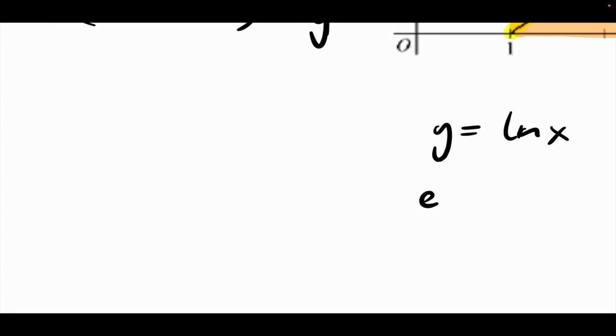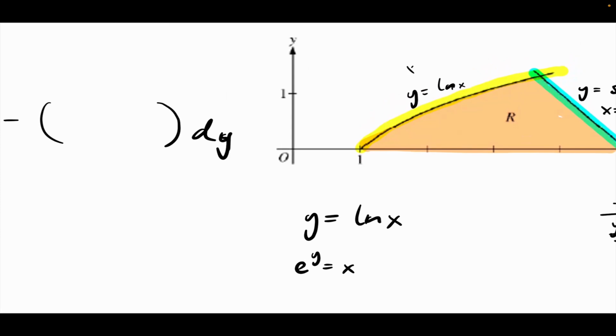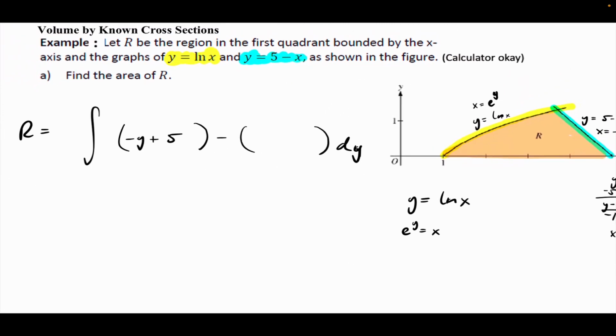So that's going to be the new exponent equals x. It's essentially the loop trick. That's what I did. So that's the right side. So e to the y.